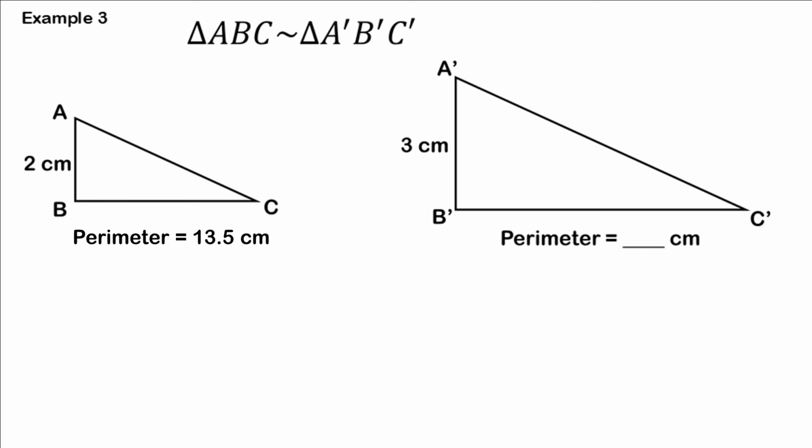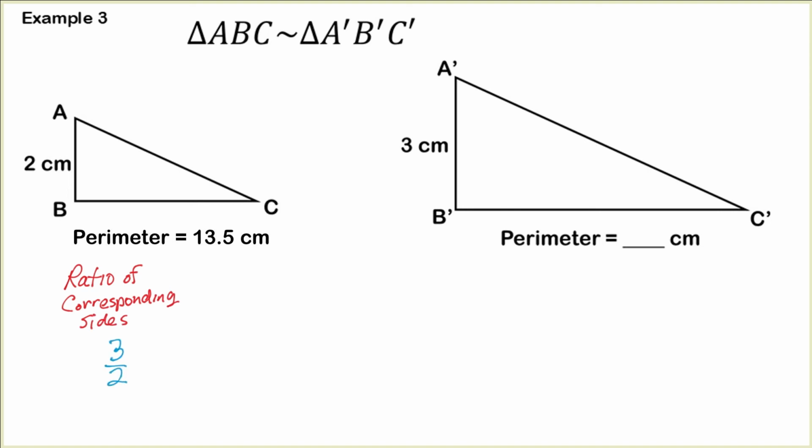But in this problem, we're only given one side of triangle A prime, B prime, C prime, and that side A prime, B prime, that's 3. So what we're going to have to do is use one of the characteristics of similar polygons to find the perimeter. Let's start with the ratio of the corresponding sides.